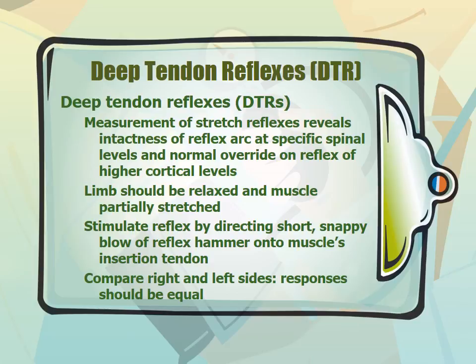You stimulate the reflex by directing a short, snappy blow by a reflex hammer onto that muscle's insertion tendon. And then you're going to compare the right and left sides, and the responses should be equal, of course. One being decreased, two being normal, three being increased, four being, 4 and 5, I believe, or 4 being clonus.